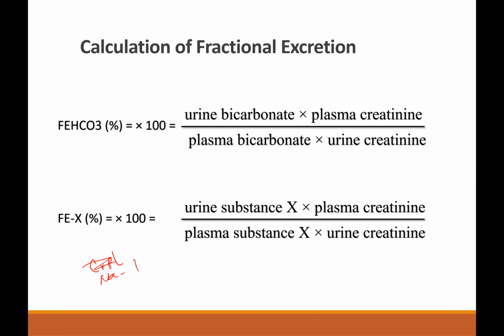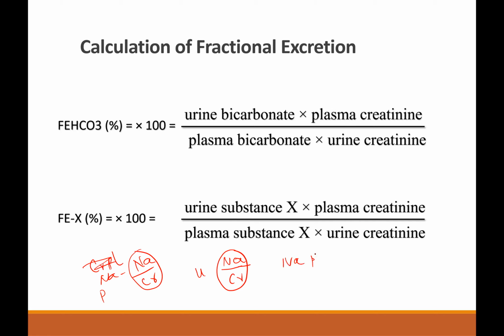Sodium in the plasma is the sodium value and the creatinine of the plasma. That is the concentration, sodium per unit creatinine. Likewise, in the urine, sodium in the urine by the creatinine in the urine. This is the urine concentration. Fractional excretion is the ratio of them.